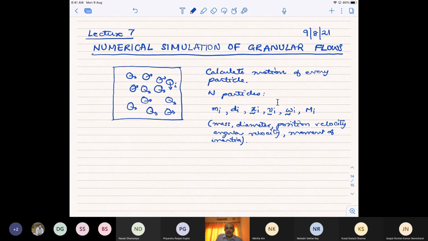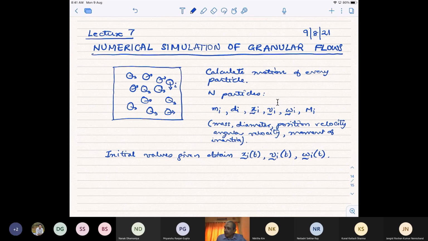So you're given all the initial positions, and what we need to do is obtain xi as a function of time, vi as a function of time, and omega i as a function of time.